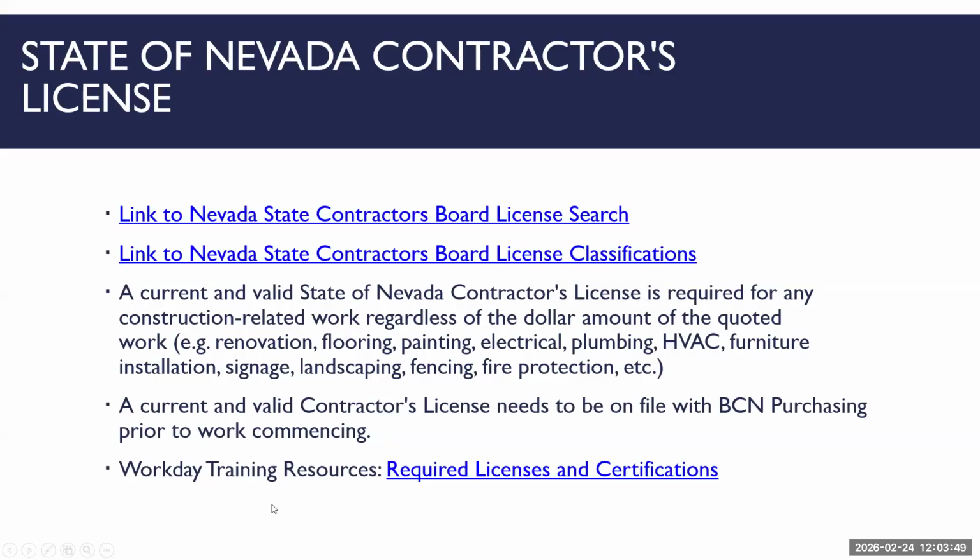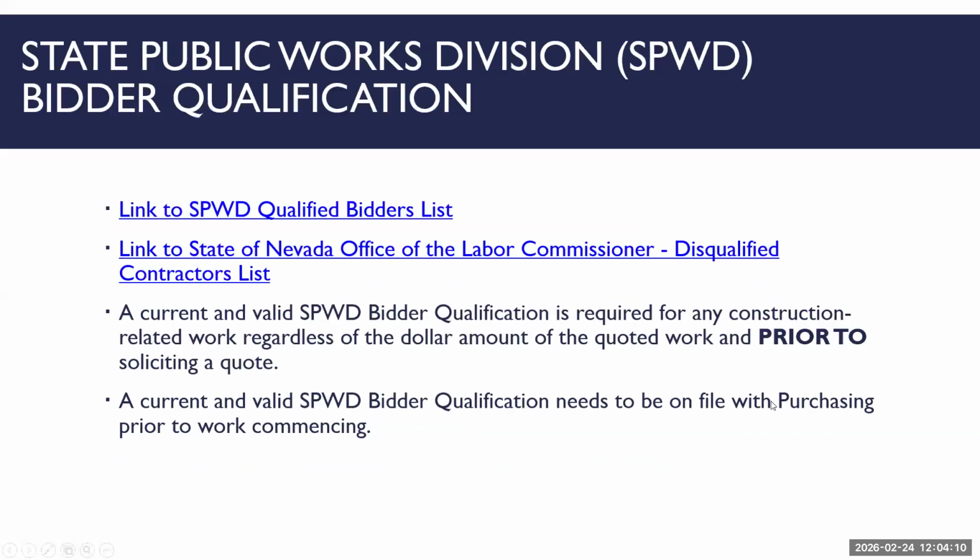One of the new job aids that we have is in the Workday training resources. There's required license certification, and it breaks down, depending on if it's landscaping, any of the general licenses and certifications you need. It breaks down all that information in one job aid, so that way you can have a reference point for that too. And then also our State Public Works Division and bidder qualification.